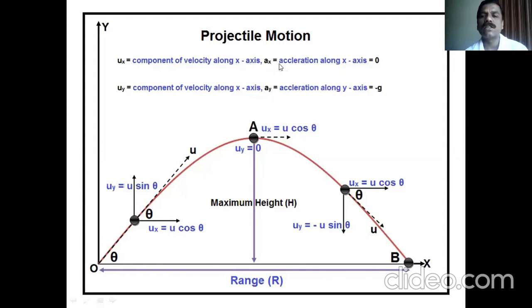So acceleration in this direction is definitely 0 because velocity is constant. Now ay, the acceleration along the y-axis, is denoted with minus g because this acceleration is taken opposite to the gravitational force. So you will get this idea from this diagram.